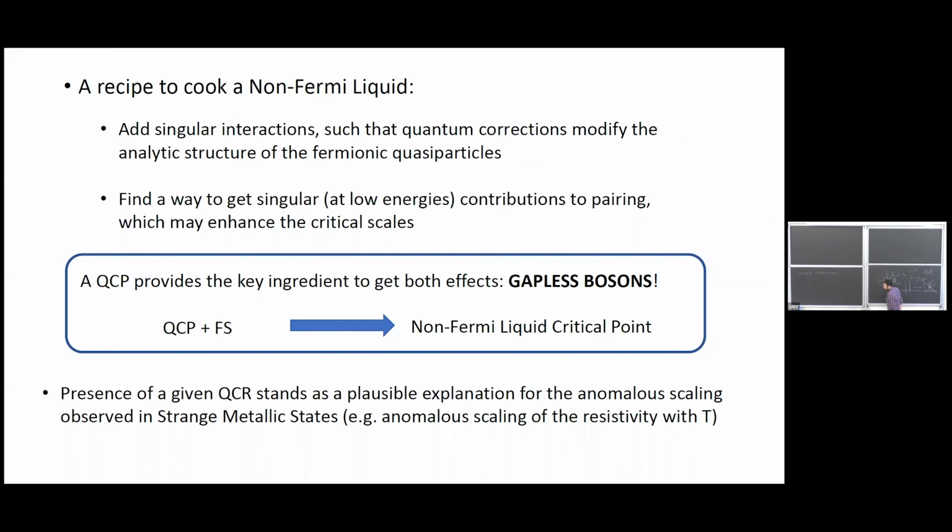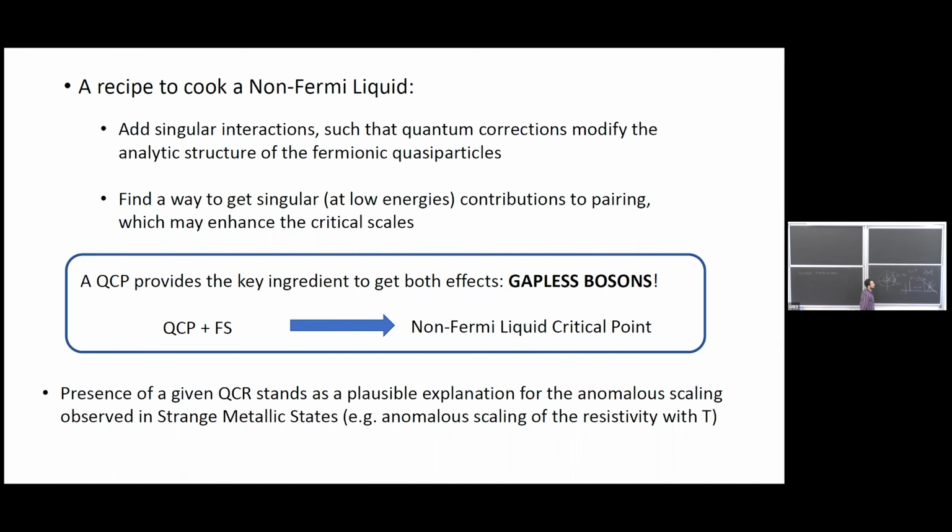As a bonus, it would be nice if this same interaction or a different one could account for a singular contribution to the BCS pairing in order to enhance superconductivity as well. And it turns out that coupling a Fermi surface with gapless bosons, which are the natural degrees of freedom close to a quantum phase transition, does both.